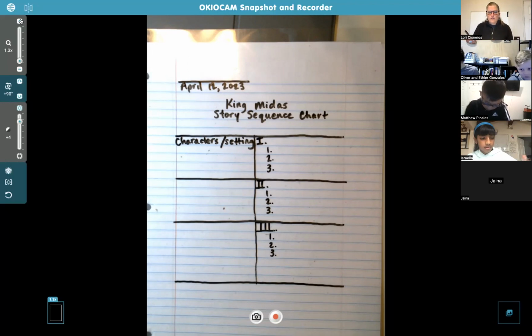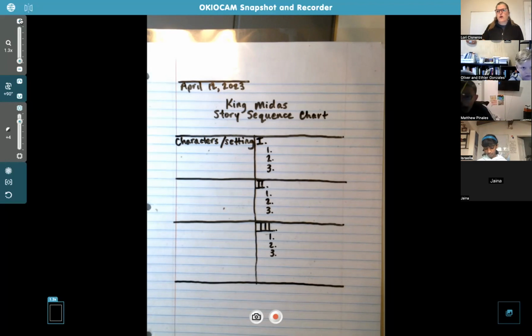So that's the setting. The setting could also include when the story happens. Like, is it a historical story, maybe happened a long time ago? Is it taking place during the day or at night, or is it winter? Is it summer? So those kinds of things also are in the setting.